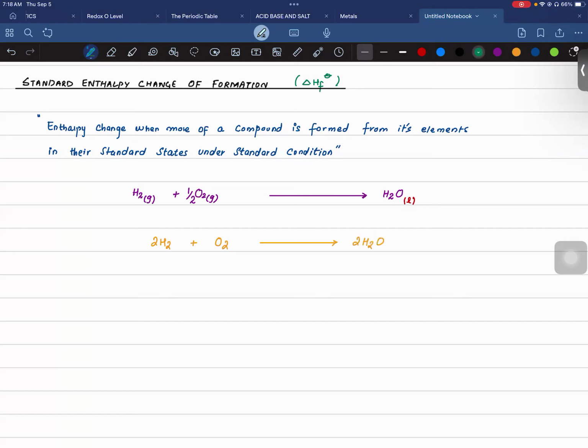Can you tell me why this is wrong and this is right? Can anyone tell me? Yes, Hadia Muzaffar, Tala, Irtaza, Usman, Roha, Samir, Soha. Why the second equation is incorrect and the first equation is correct?